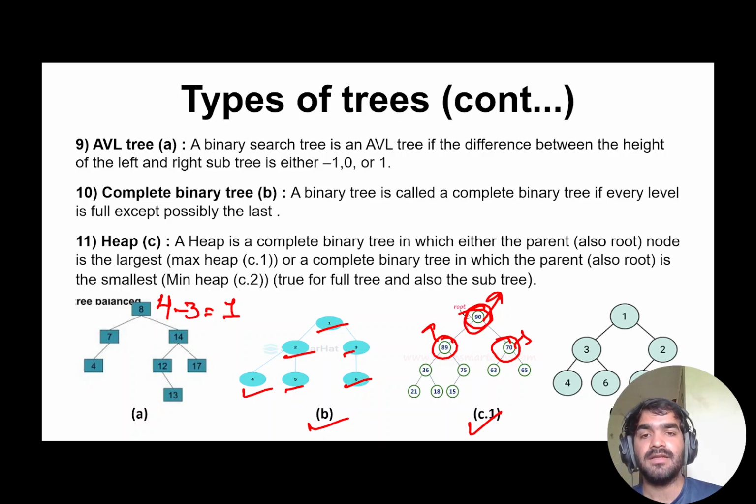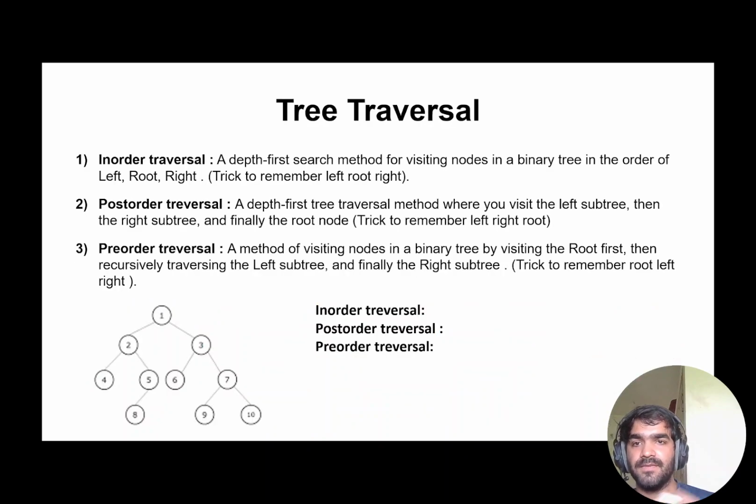So the definition of max heap holds true. And for a min heap, we have 1 at the top, fulfilling the definition of min heap. 3 at the top, also fulfilling the definition of min heap. So let's move on to the next.